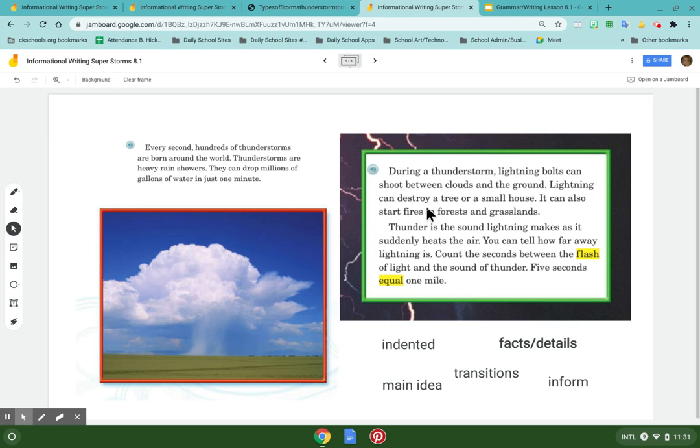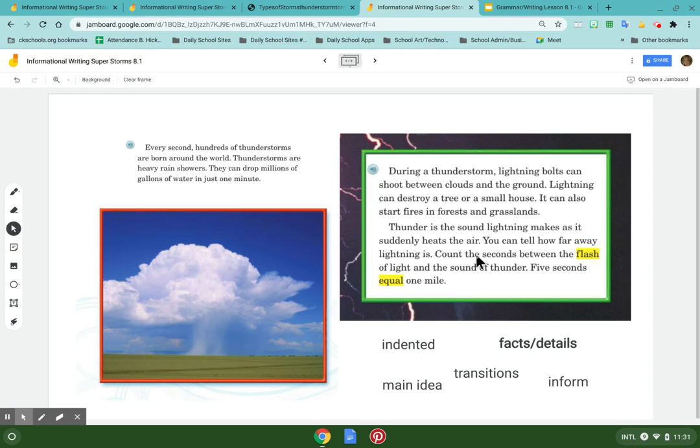Now, when you go on to the next paragraph, it's going to be about something new about thunderstorms. So this one's all about lightning bolts. During a thunderstorm, lightning bolts can shoot between clouds and the ground. Lightning can destroy a tree or a small house. It can also start fires in forest and grasslands. That's all about lightning bolts.